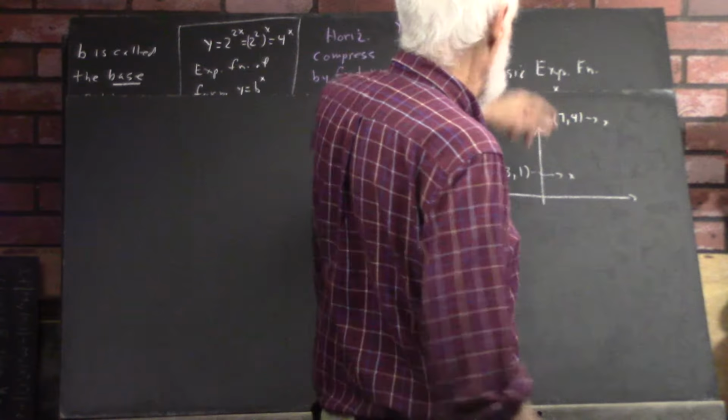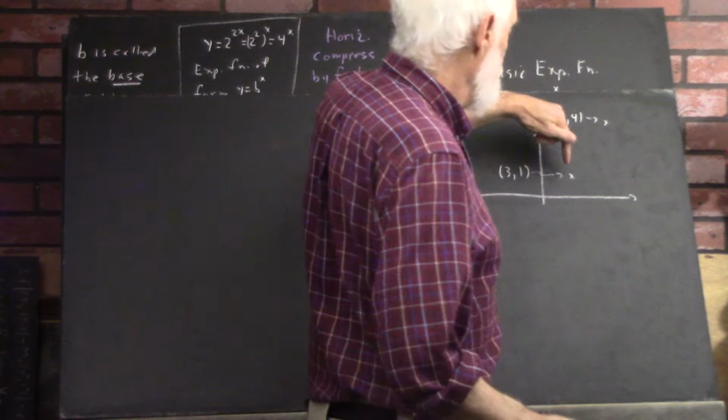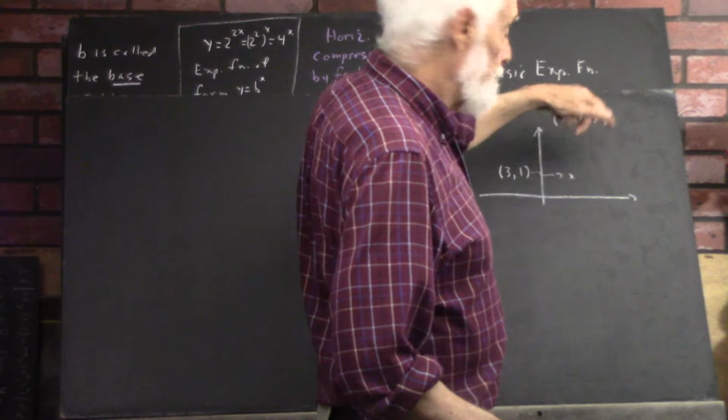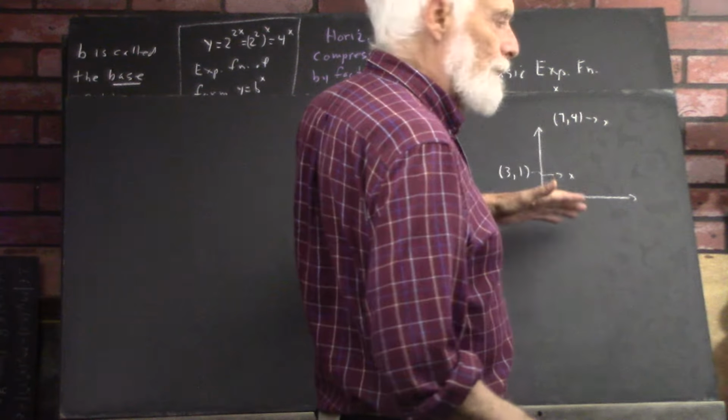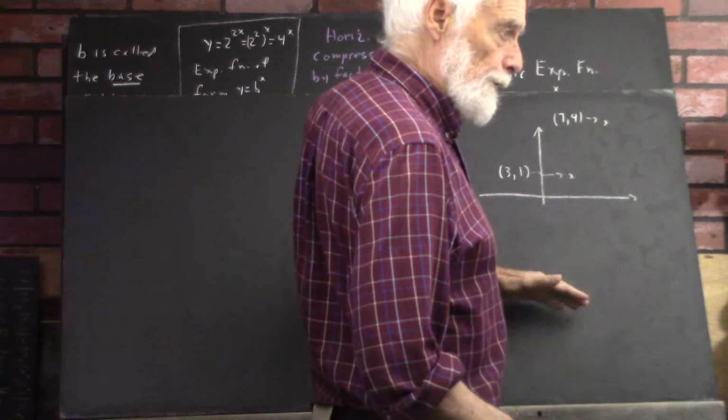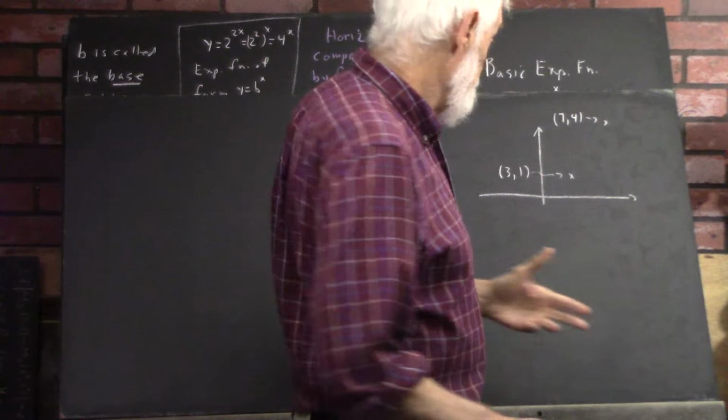Okay, there's exactly one exponential function that goes through any two given points if the points are either above or below the x-axis. Both points have to be on the same side of the x-axis.